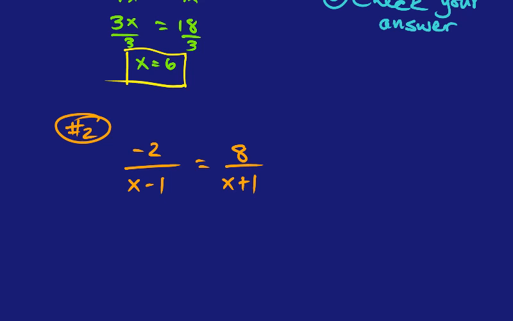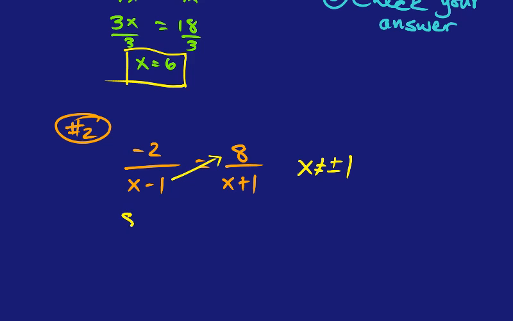In the very beginning, let's practice what I just talked about. Looking at each denominator, what can x not equal? We'd say x can't equal +1 from the first denominator, and x can't equal -1 from the second denominator. So x can't equal plus or minus 1. Now you can cross multiply, and in the end, if we get 1 or -1, we'll cross it off and say it's not a solution.